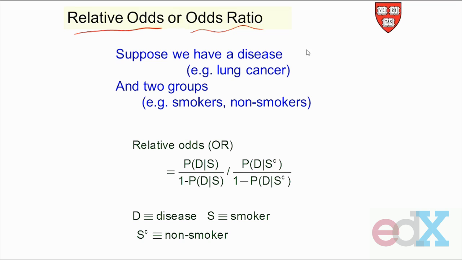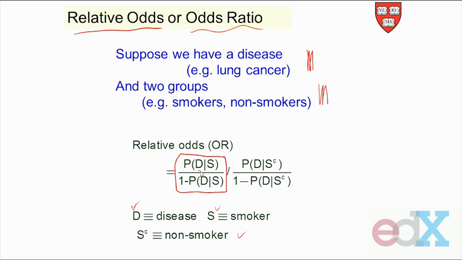Suppose we have a disease such as lung cancer, and we've got two groups, smokers and non-smokers. Now, what are the relative odds of the disease for smokers versus non-smokers? For smokers, here is the odds of getting the disease.